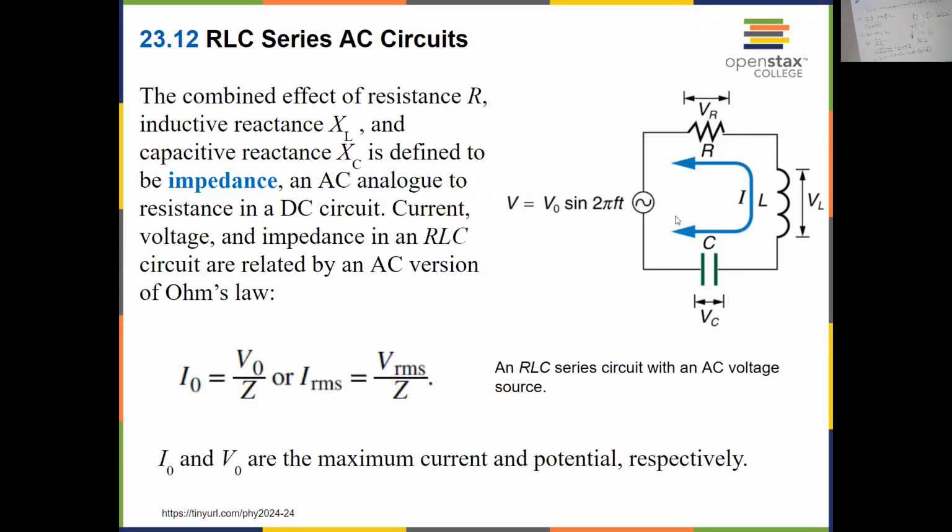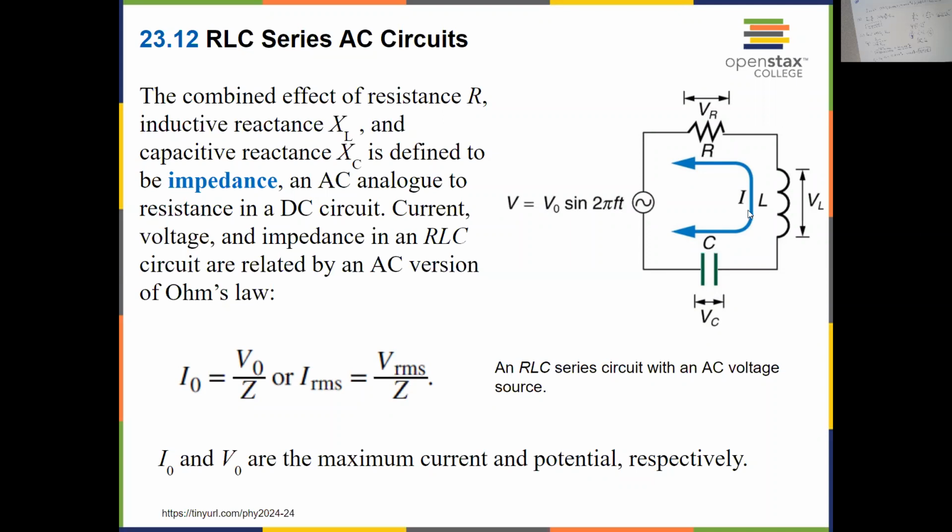So we call them together impedance, the combined effect of all three. For the individual ones, this is called resistance, this is called inductive reactance, and this is called capacitive reactance. But the combined effect of the three is called impedance. Or any two of them, you can also call the combined effect impedance.